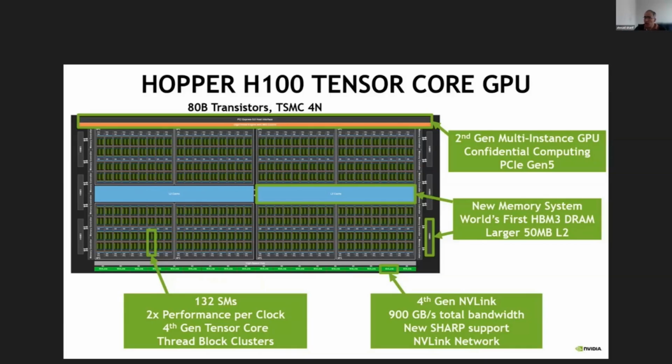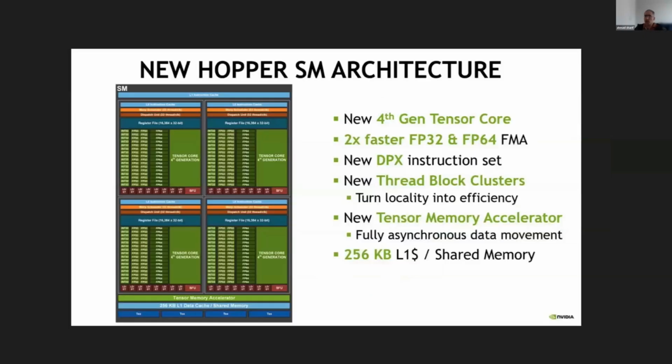Each SM looks like this. Typically for x86-64, you may think of registers as a limited number, maybe tens of registers with XMM and other vector registers.